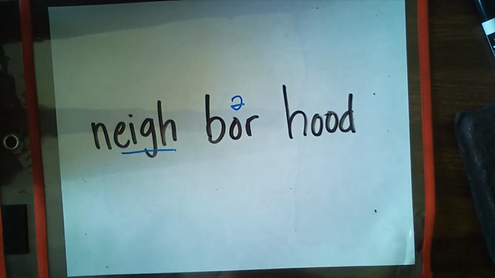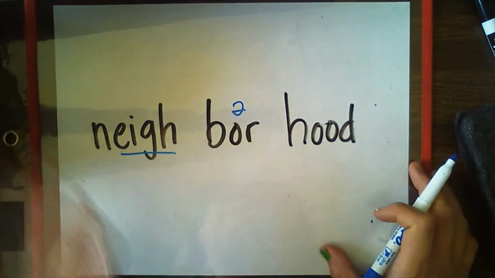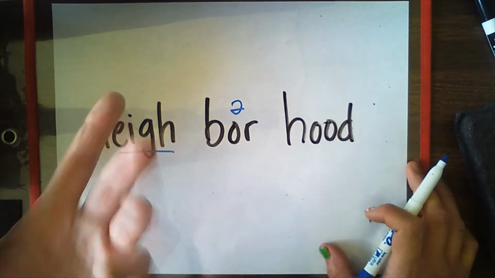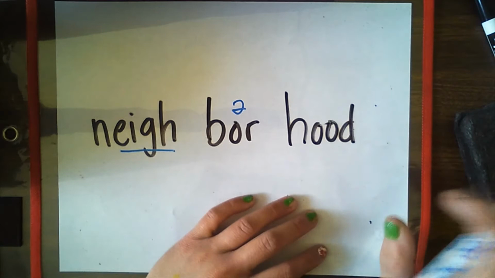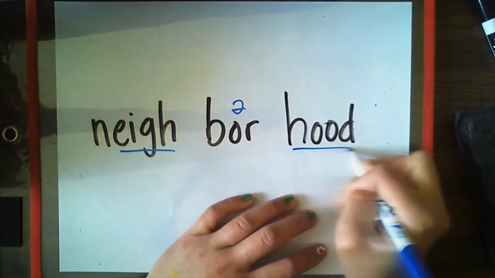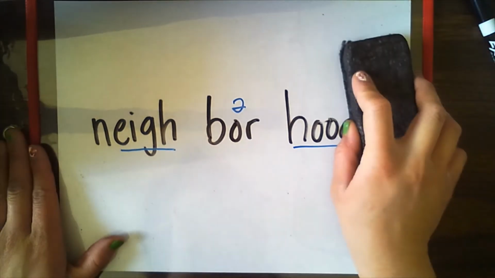And remember, schwas just happen in words when they don't sound like their usual selves, which is a long O or a short O. So we call that a schwa. And then we have our last syllable here, which is an irregular sight syllable. Hood. Hood. That is an irregular sight syllable. Okay, let's go ahead and keep going to our last word.